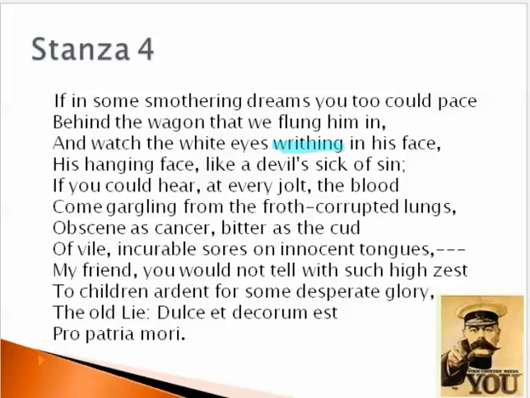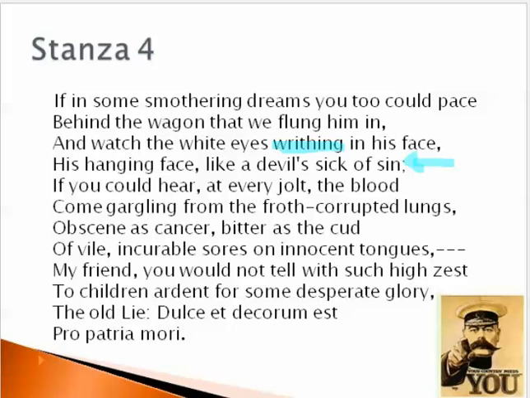His hanging face like a devil sick of sin. And so we've got another simile there. His face hanging like a devil's sick of sin. What does the poet want? When we look at this line here, what does this mean?